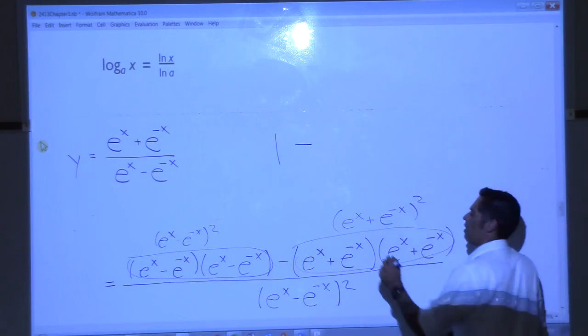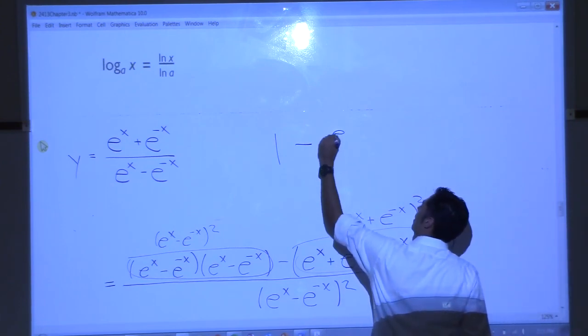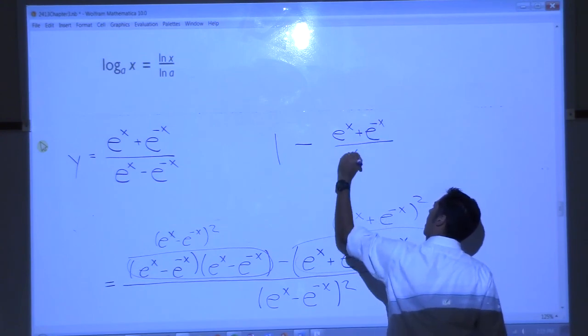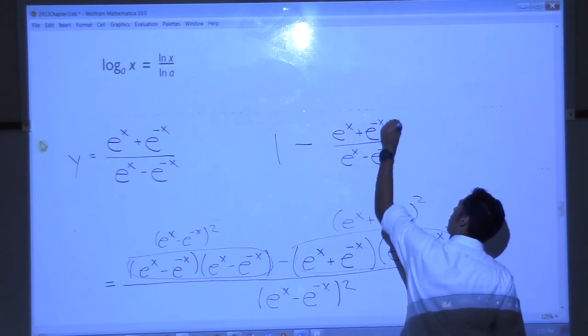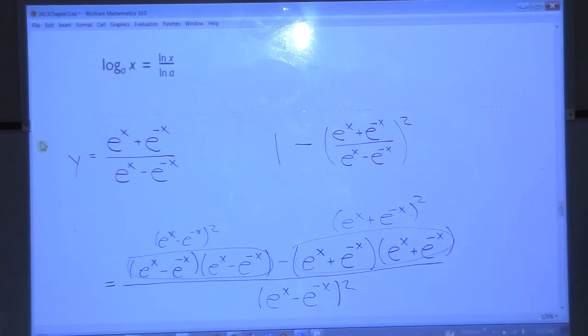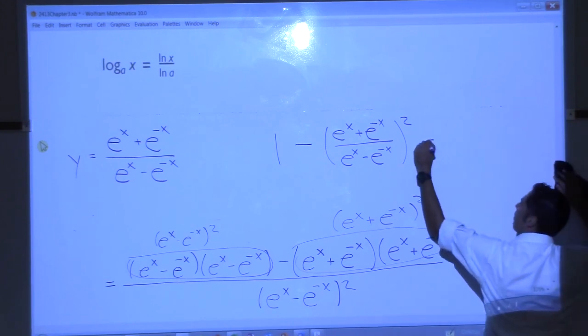So I could, if I want, write this: e to the x plus e to the negative x over e to the x minus e to the negative x, all of that squared. Couldn't I? I could. That's y prime.